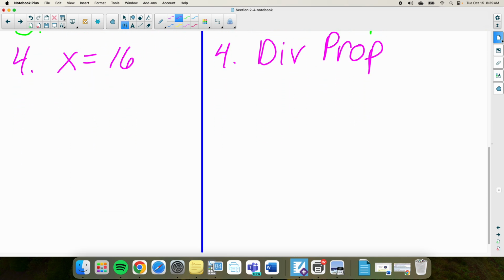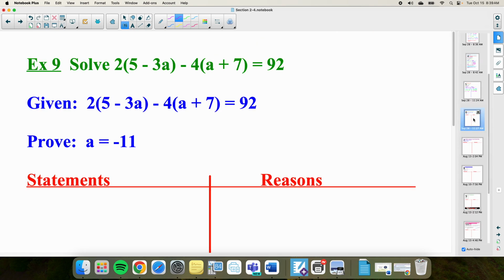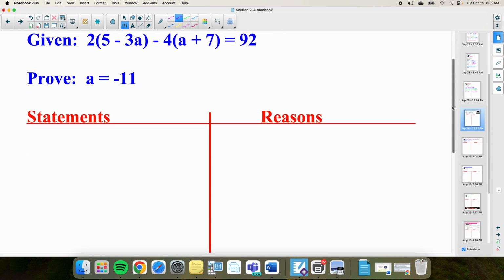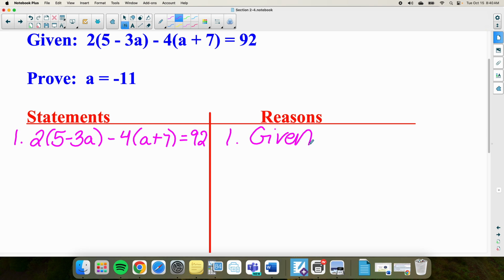All right, so now let's look here, okay? And we are given this, okay? So let's copy down what we're given first. So we have 2 times 5 minus 3a minus 4 times a plus 7 equals 92, and that is given.